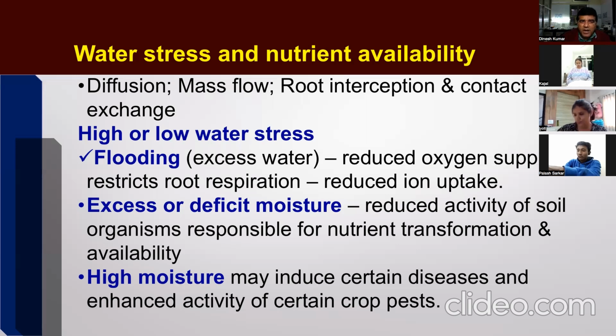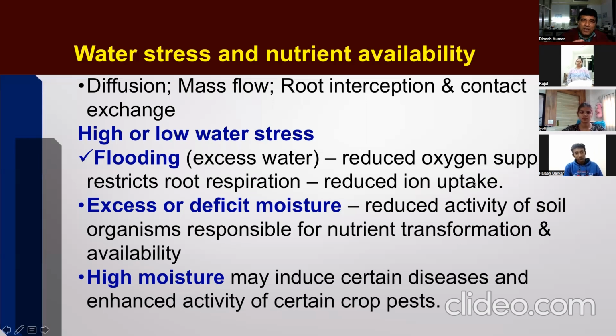And of course, high or low level of water stress can be harmful because under flooding, excess water availability, under waterlogged conditions, there is reduced supply of oxygen and it restricts the root growth because of reduced root respiration and reduced ion uptake.